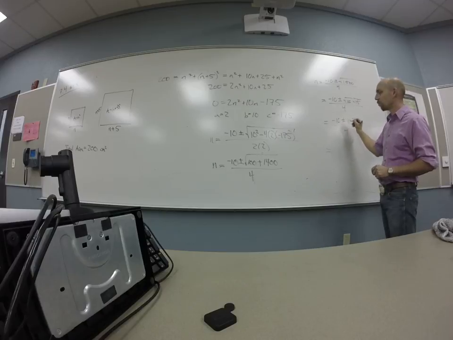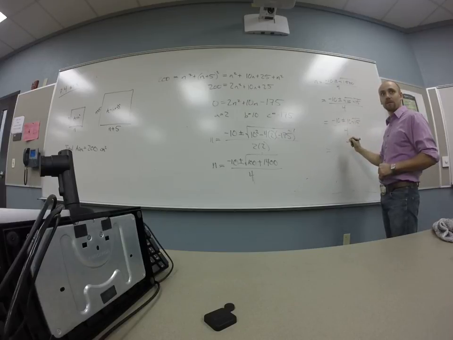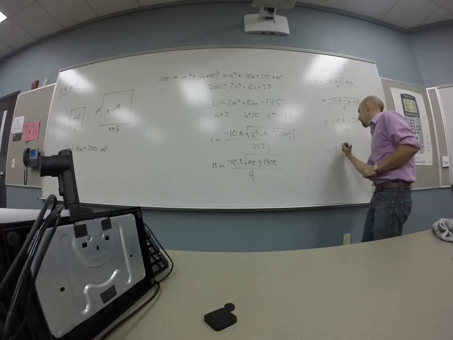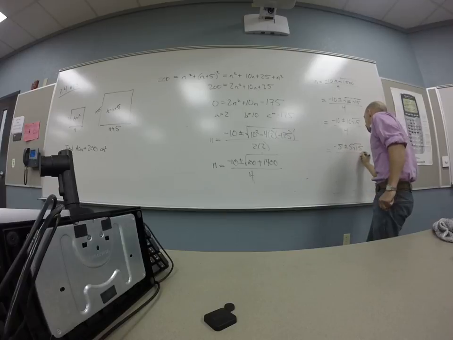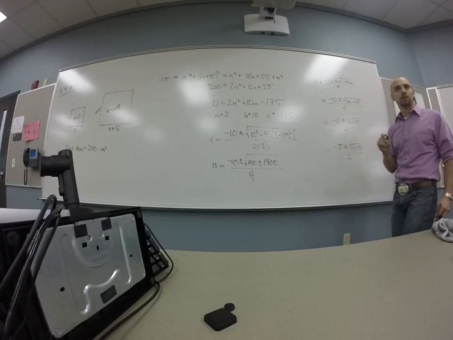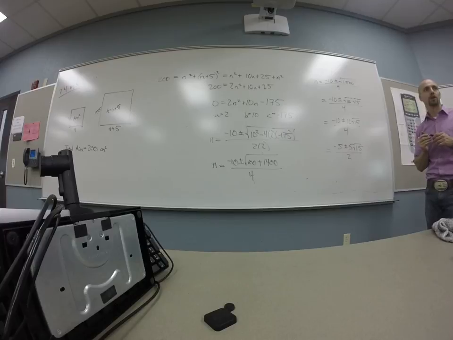I can't just cancel it with one of these. So you should get negative 5 plus or minus 5 root 15 over 2. Make sure you're canceling out of both pieces. Really, that's factoring a 2 out of the top, right?